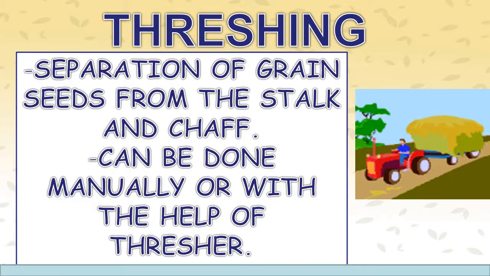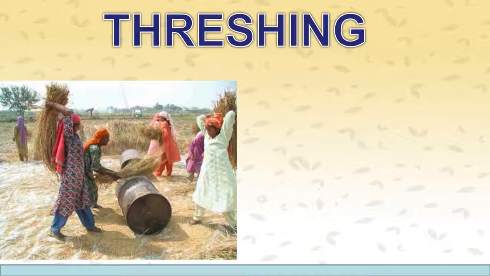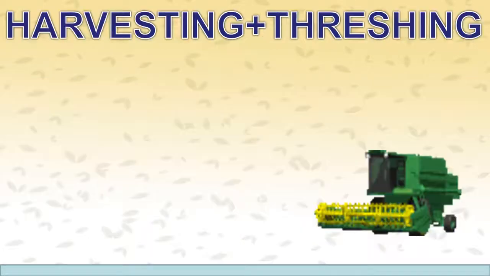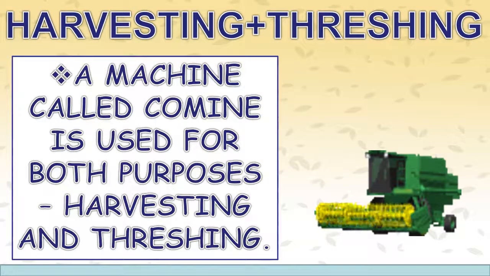The process is called threshing. It can be done manually or with the help of a machine called thresher. A machine called combine is used for both purposes, harvesting and threshing. This machine works as a harvester as well as a thresher.